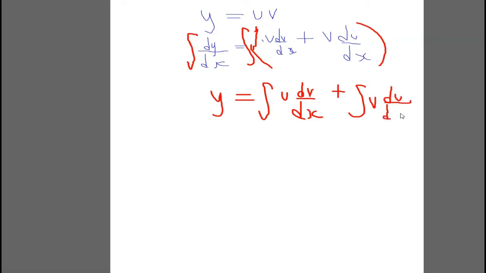Now initially we said that y is u times v. So I can replace this y right here with u times v. Now if I were to make the integral of u dv dx the subject, I need to bring the integral of v du dx over to this side.